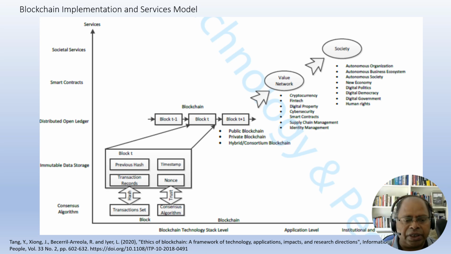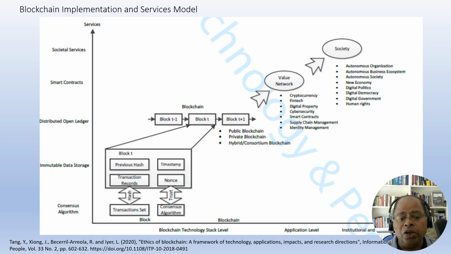You can see the architecture, hash, timestamp, transaction records, nonce, and transaction sets, and so on. At the implementation level and the blockchain level, you have a number of blocks, and the blocks can be deployed in different forms: public blockchain, private, and hybrid.